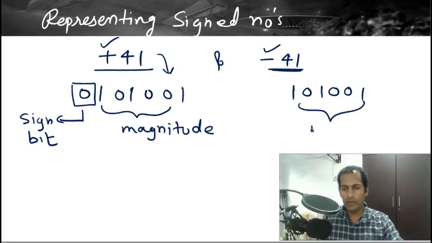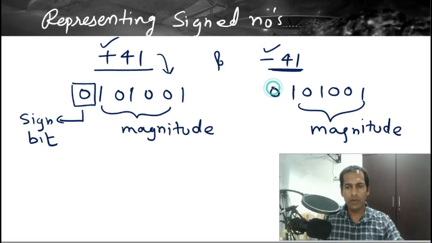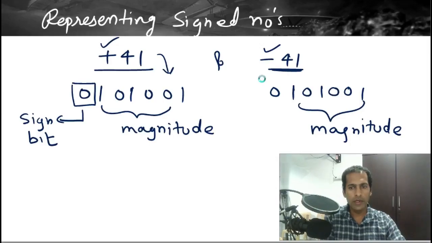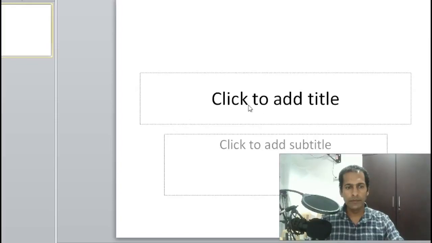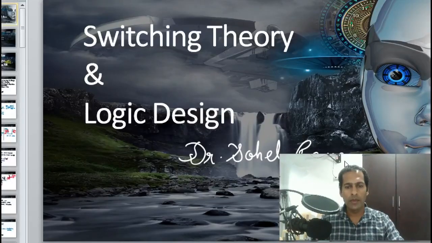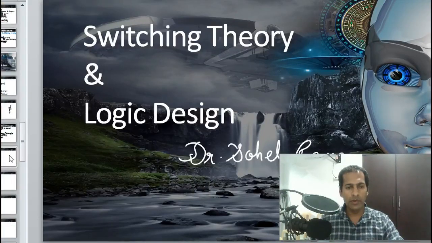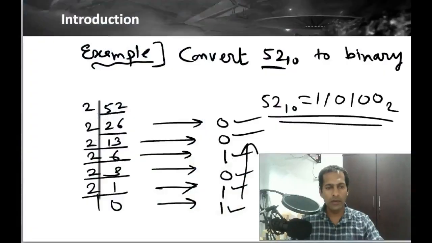The magnitude of 41 is the same. Here for sign, 0 means positive. So what will be the negative number? Negative number will be 1. So in place of the positive number's 0, we have to write 1. In that way we can represent signed numbers.